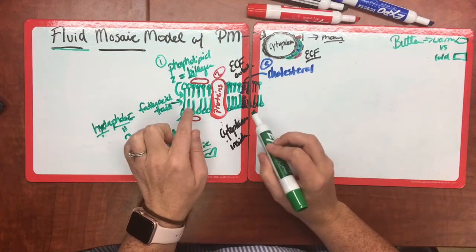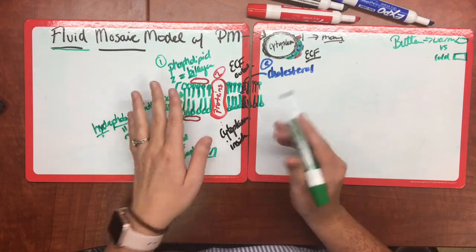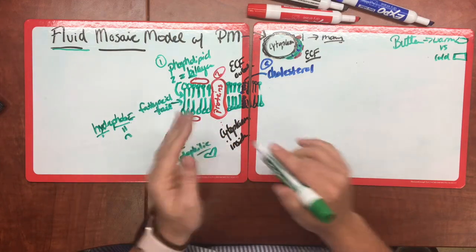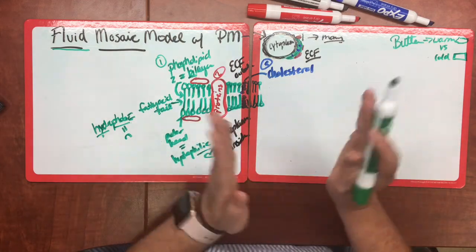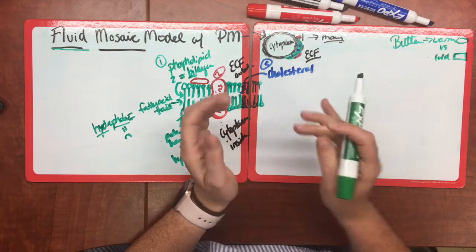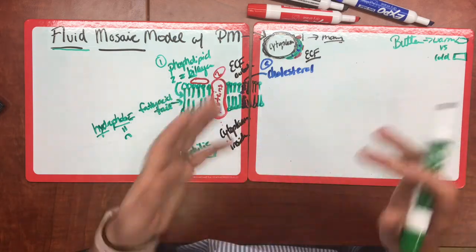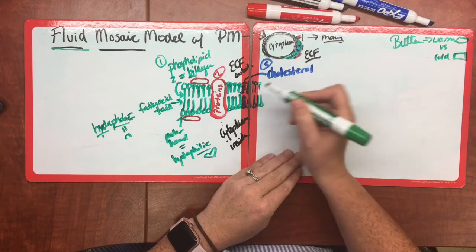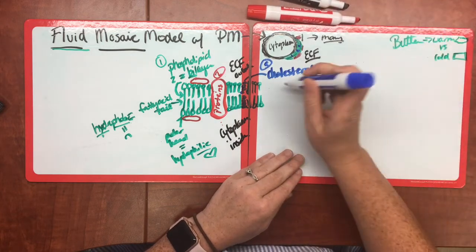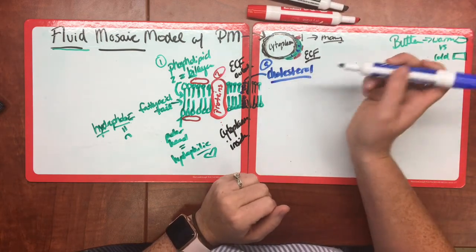Well, your membrane works exactly the same way. When it's warm, it gets kind of loosey-goosey, and when it's cold, these little tails stick straight up. But how do we keep the membrane from falling apart? Well, we can stick things in called cholesterol, and cholesterol can serve as fluidity buffers.